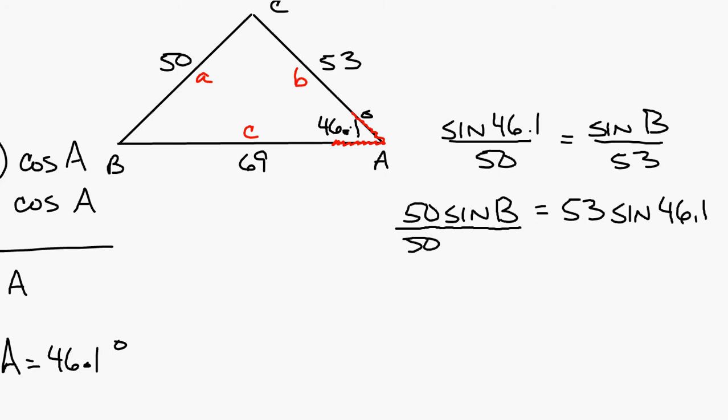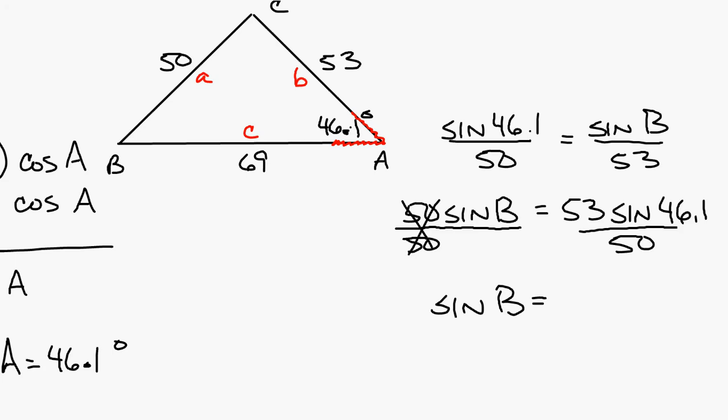The 50s cancel, and your sine of angle B is equal to 53 times sine 46.1, 38.125, divided by 50, 0.763.